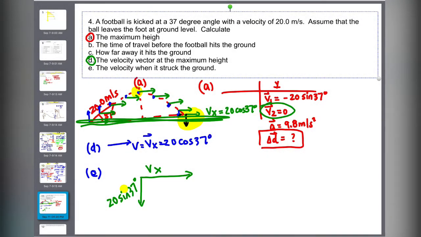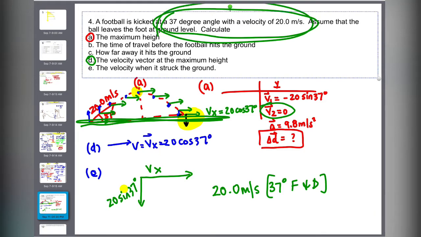So without even doing any calculations, your answer is 20.0 meters per second, 37 degrees forward and down. Do you see that? It's the exact same value you started with at the beginning, just in a different direction. So it doesn't involve any calculations. It's more about whether you understand the concept, the rate of going up.